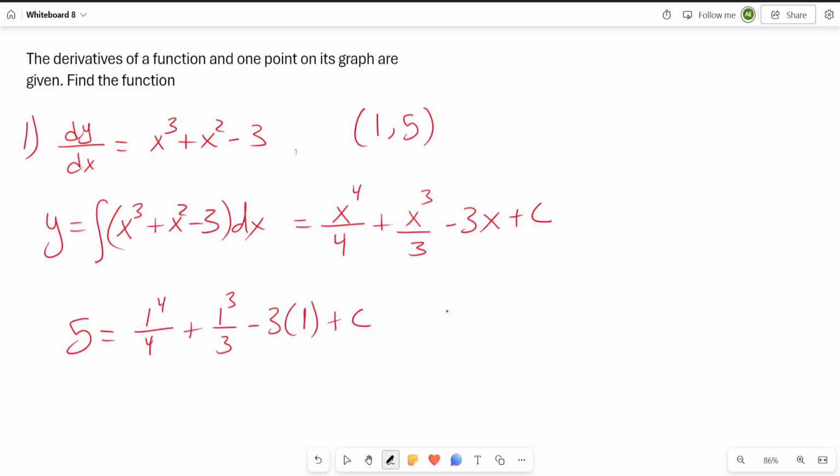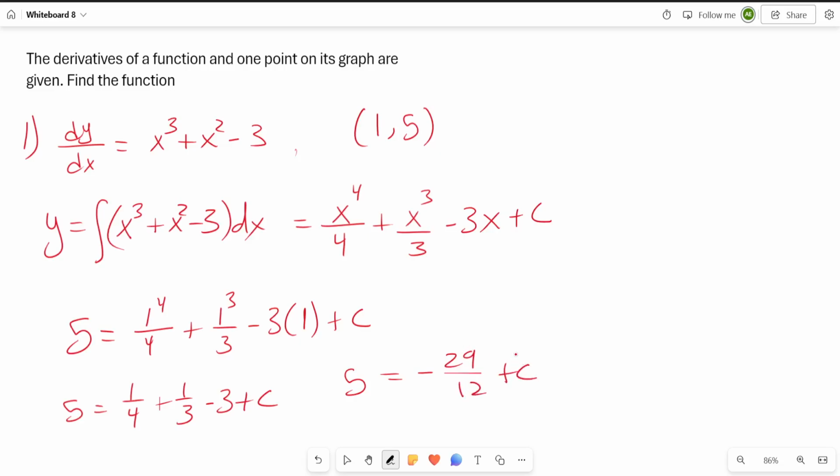So over here we will have 5 equals 1 over 4 plus 1 over 3 minus 3 plus c, and adding 1 over 4 to 1 over 3 and then subtracting 3 is going to give me minus 29 over 12 plus c.